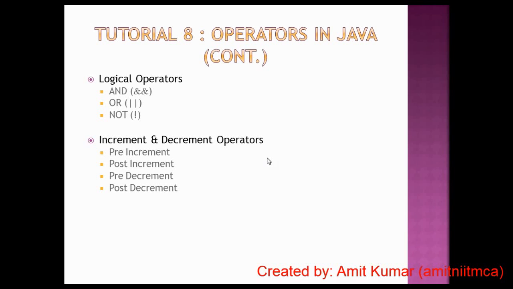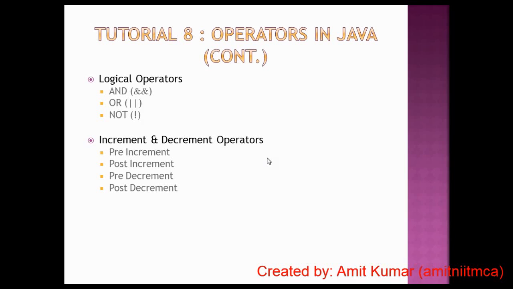The next operator to discuss is increment decrement operator. An increment operator, which is represented by plus plus, and a decrement operator, which is represented by minus minus, are used to increment or decrement the value of a variable by 1. Increment operator is available in two notations, prefix and postfix, as pre-increment and post-increment.